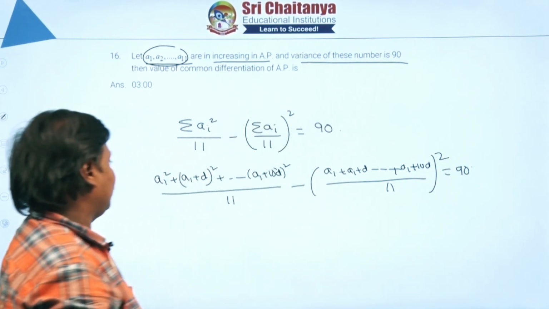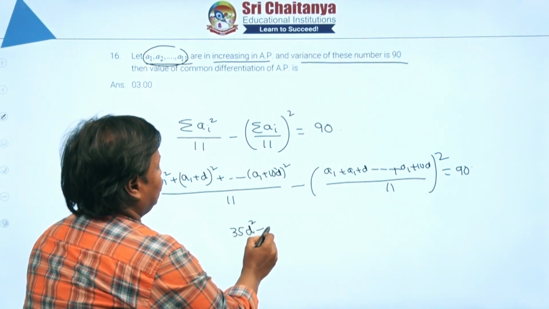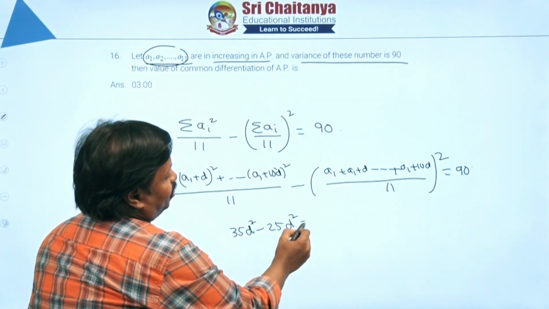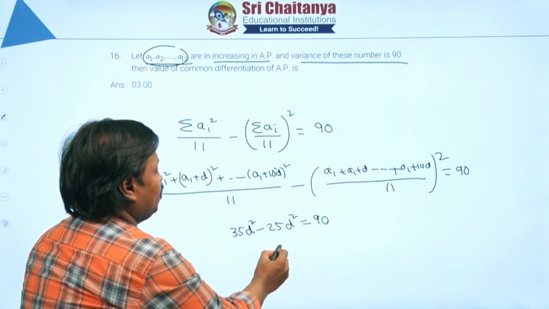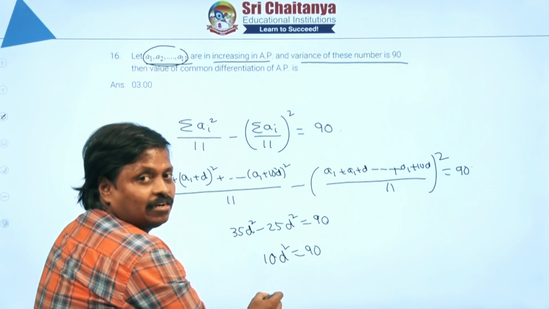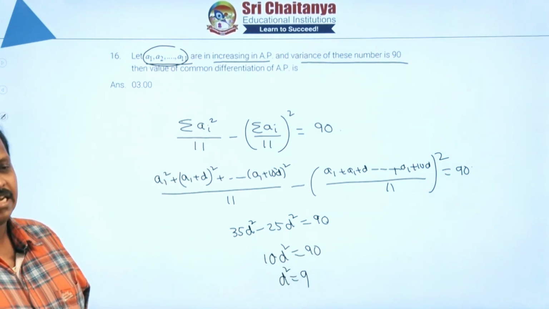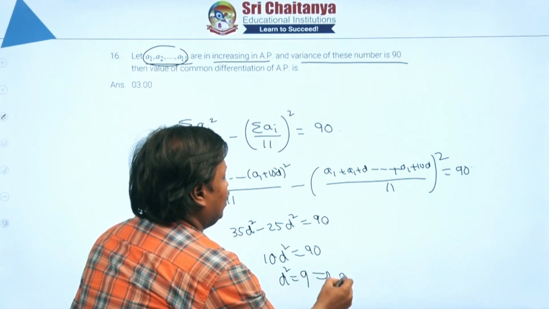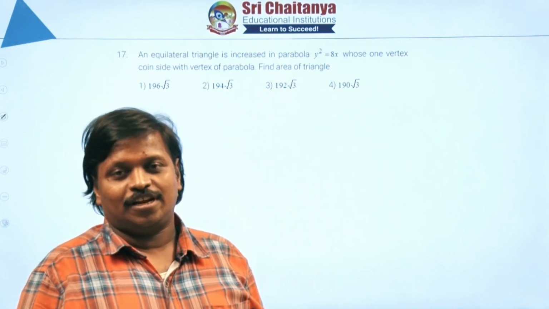If you simplify this, you will get 35D square minus 25D square equals 90. So that means 10D square equals 90. D square equals 9. But he said that it is an increasing AP. So therefore D equals 3. So the answer is 3.